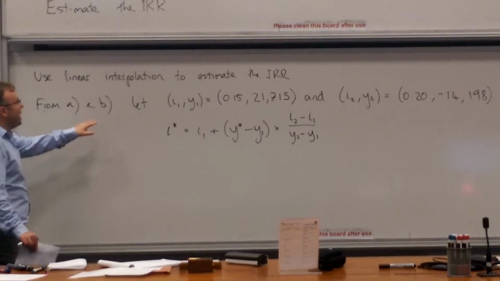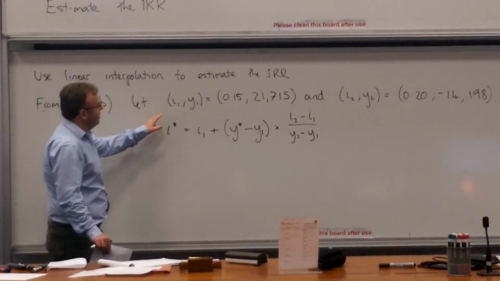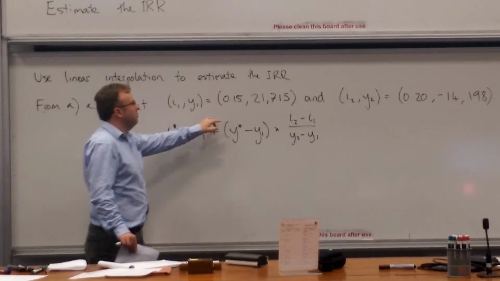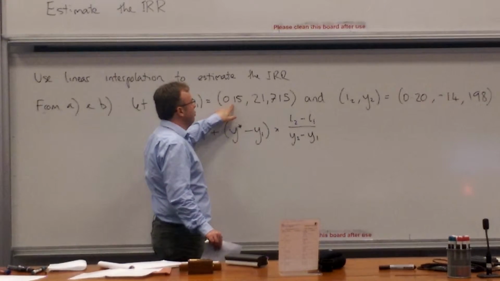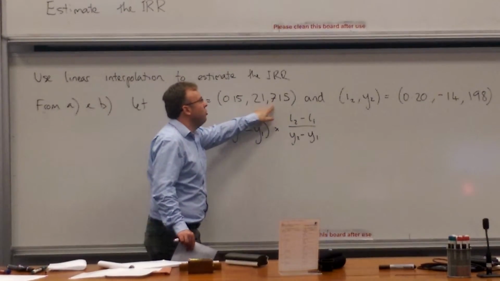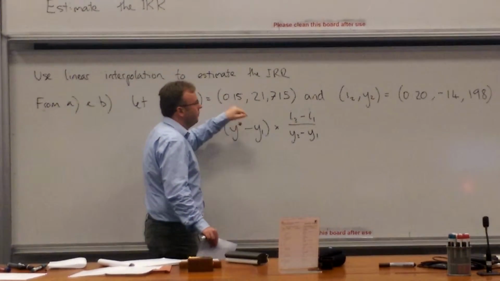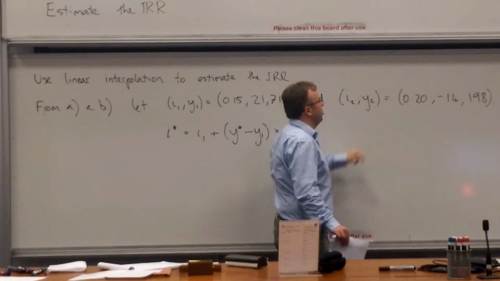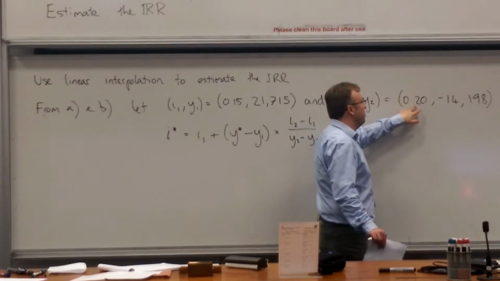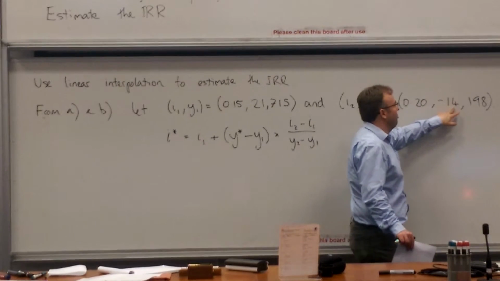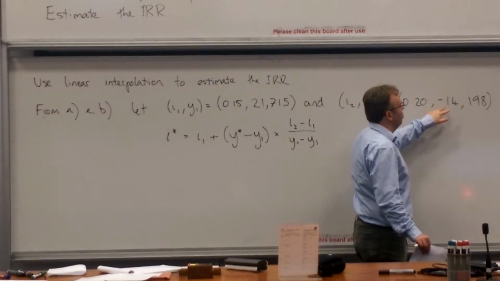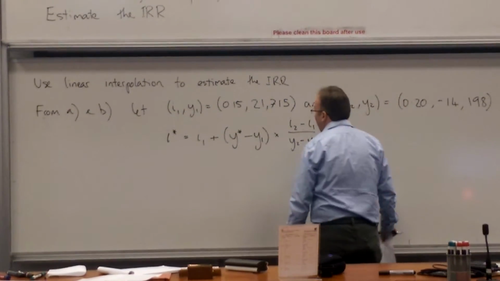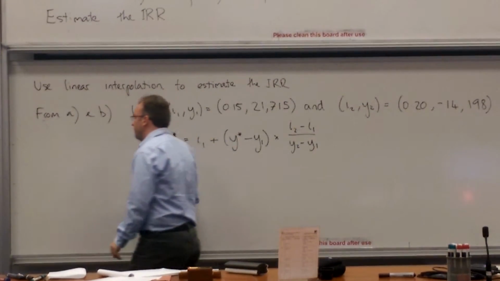From A and B, let i1, y1 be equal to this pair: that's our 15% interest rate, and the net present value at 15% per annum. i2, y2 is going to be equal to the 20% interest rate, and the net present value at that 20% interest rate per annum, which was minus £14,198.